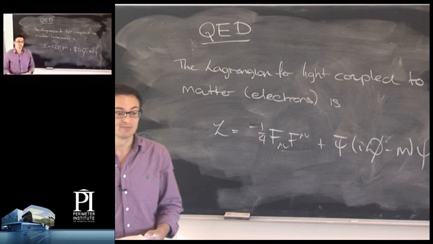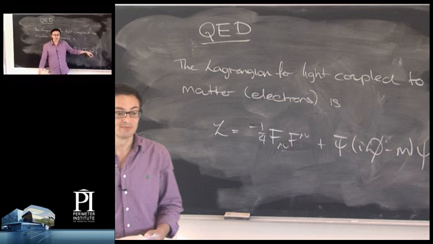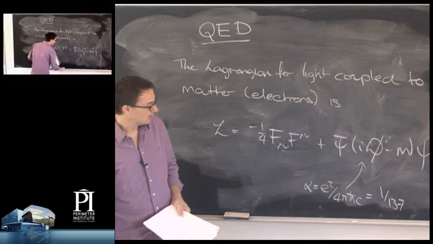Isn't it simple? There's an m here, which is the mass of the electron. You'll learn in the next course that it's not quite that, but certainly related to that. And there's an e that sits in here, which is the coupling constant.